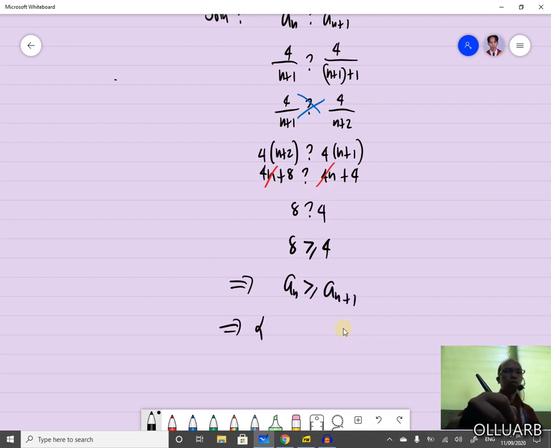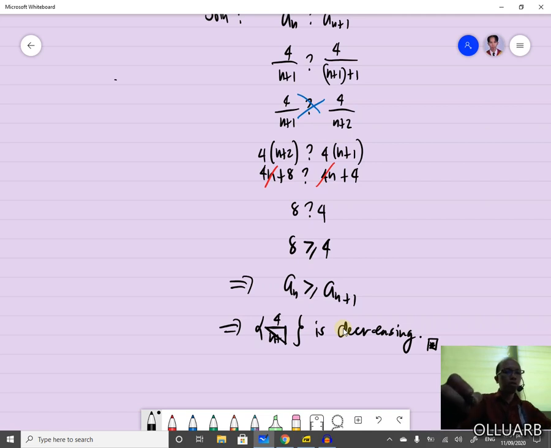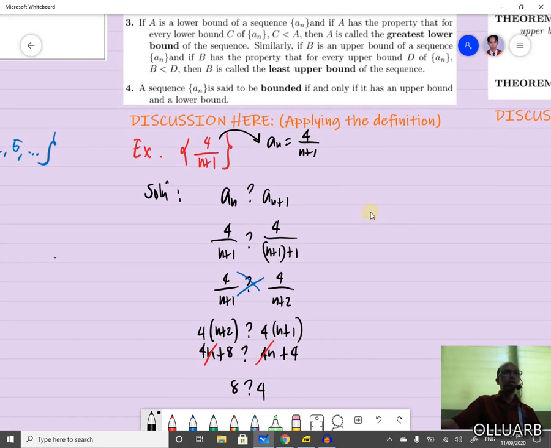Therefore the sequence 4 over n plus 1 is decreasing. So the function 4 over n plus 1 is an example of a decreasing function.